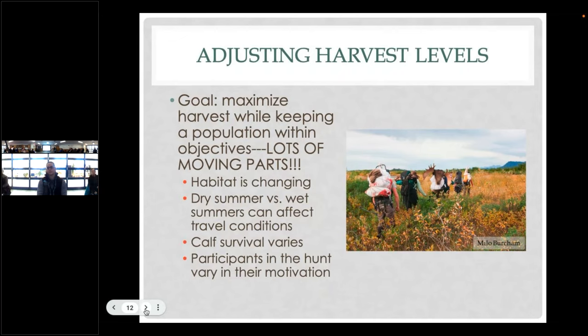And that can affect travel conditions and hunter success, how well you can use an airboat, how well you can fly. Calf survival varies from year to year, and I can't really account for that. And then also the participants in the hunt vary in their motivation. When we're issuing a whole lot of permits, you can get some people that aren't as gung-ho about moose hunting as others.